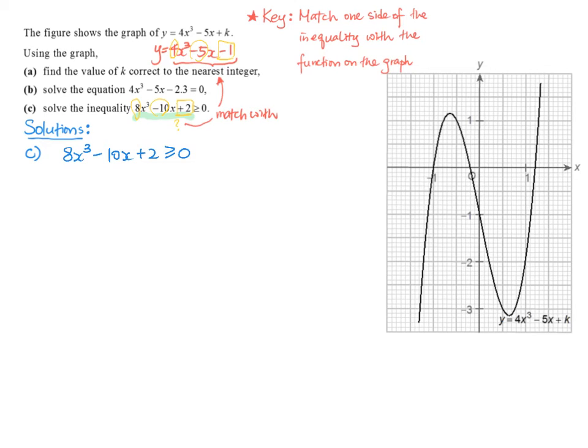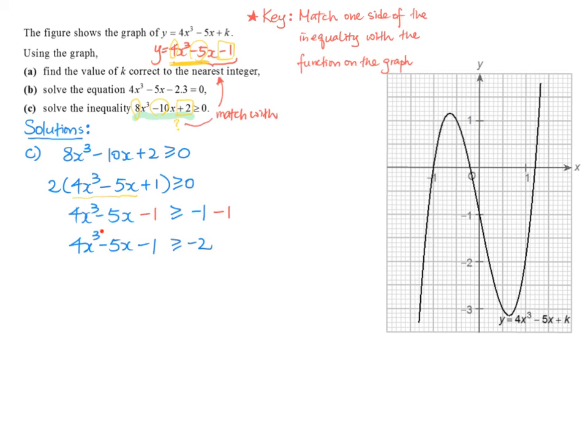So the constant, we need to do something else. But first, by factorizing out the 2, at least these two terms are good. And so 0 divided by 2 is just 0. Then I move the 1 to the other side. Now because I'm missing this negative 1 here, I would minus 1 on both sides. And so now I have this greater than or equal to negative 2.